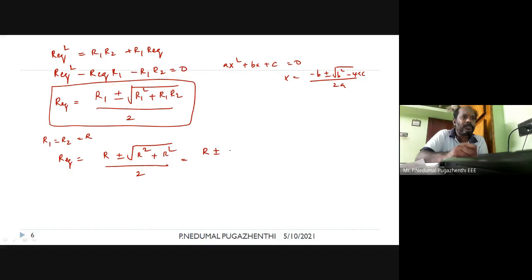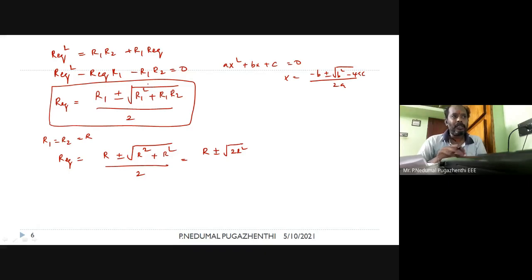R plus or minus square root of 2R squared. Am I right or not? If R1 is equal to R2 is equal to R, what do you get actually? Please tell me what you are getting.